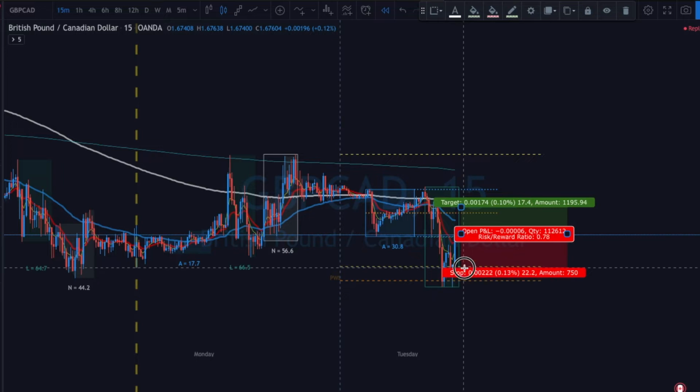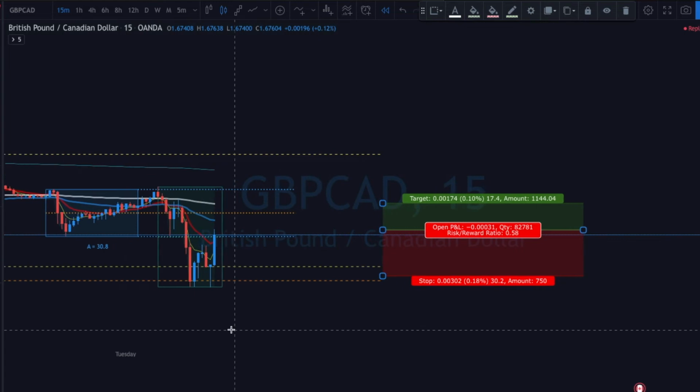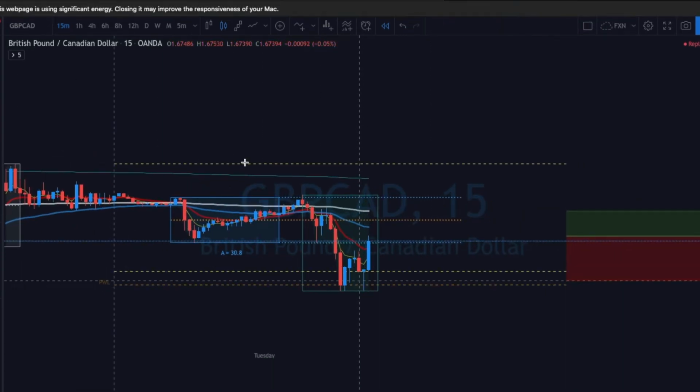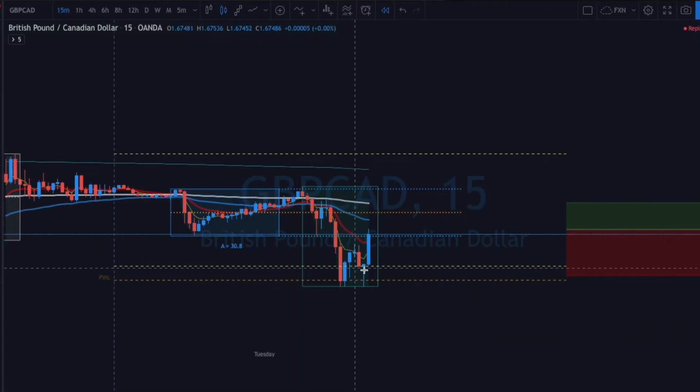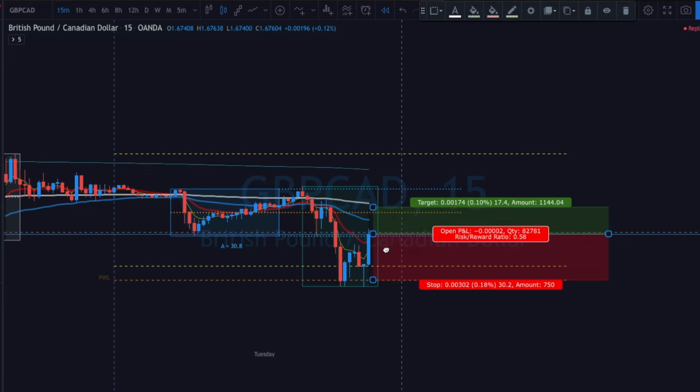So let's just say, if this is a clear W here, we can see this pin bar all the way down here. If this is going to be a clear W that we can take here, where's our stop loss?